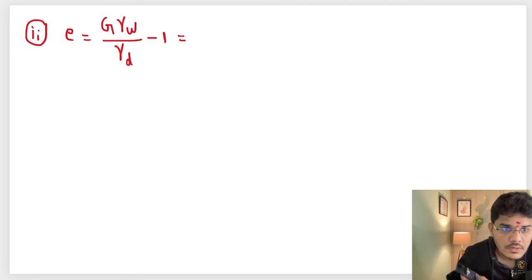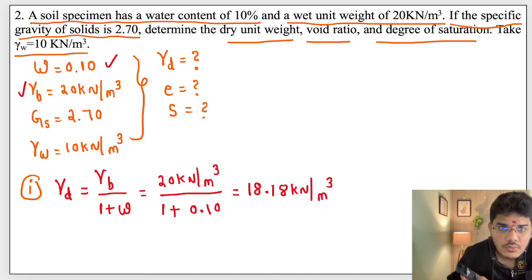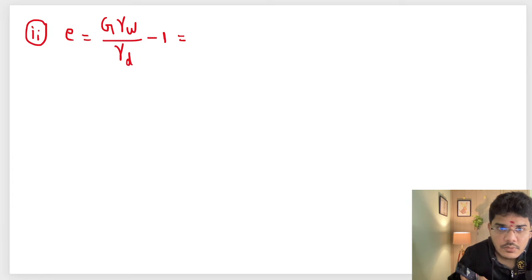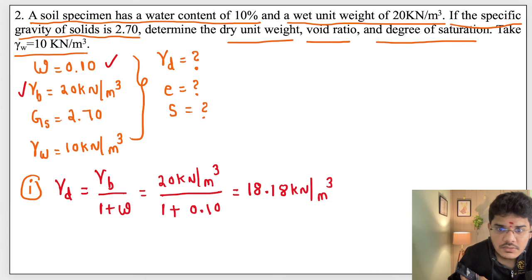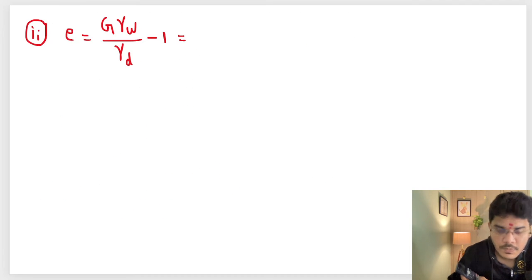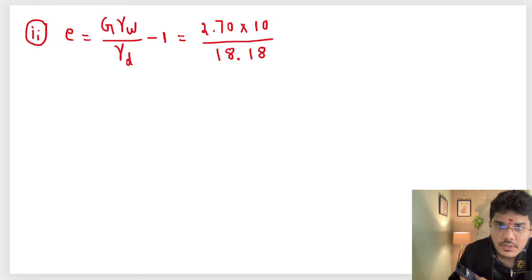G value is given as 2.70, gamma W is 10, and gamma D we have just calculated as 18.18. So e is 2.70 into 10 divided by 18.18 kilonewton per meter cube, minus 1.